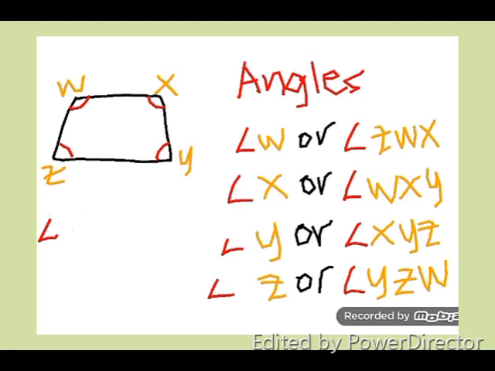The sum of angles W, X, Y, and Z is equal to 360 degrees. Always remember, angles of quadrilaterals are always equal to 360.